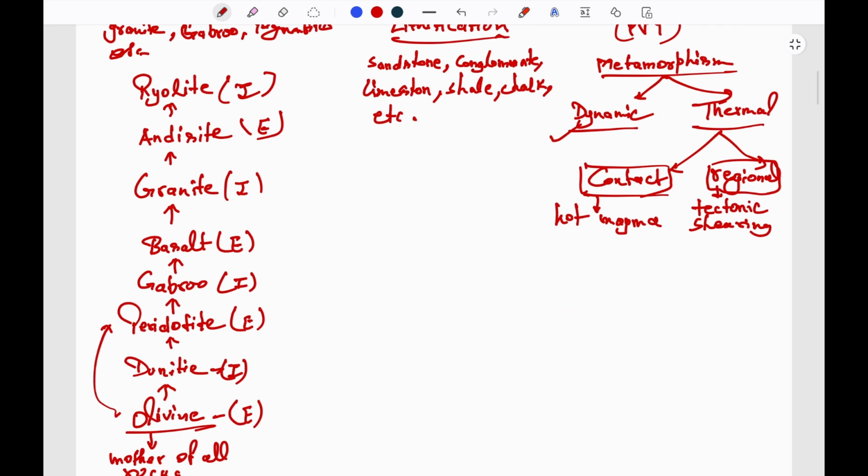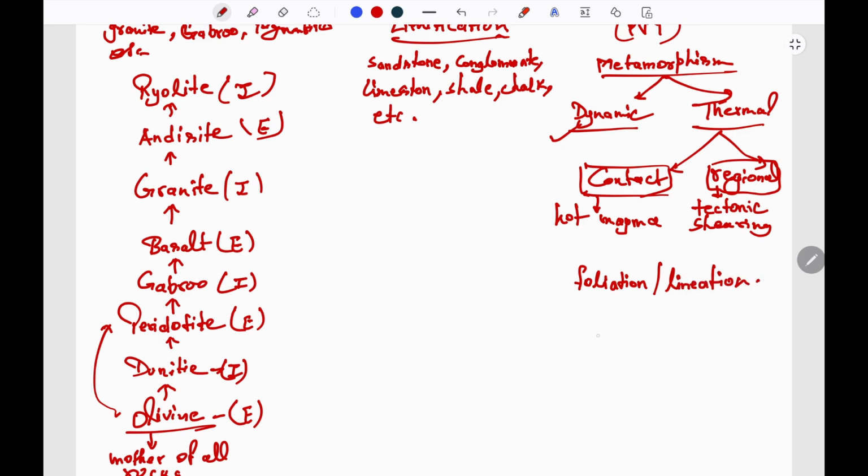Now, let us look at some properties that metamorphic rock shows. So in metamorphic rock, the minerals are arranged in layers or lines, which is known as the property of foliation, also known as lineation.